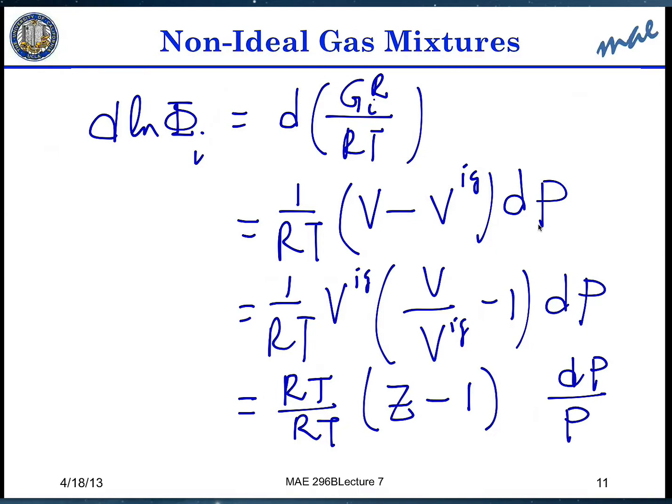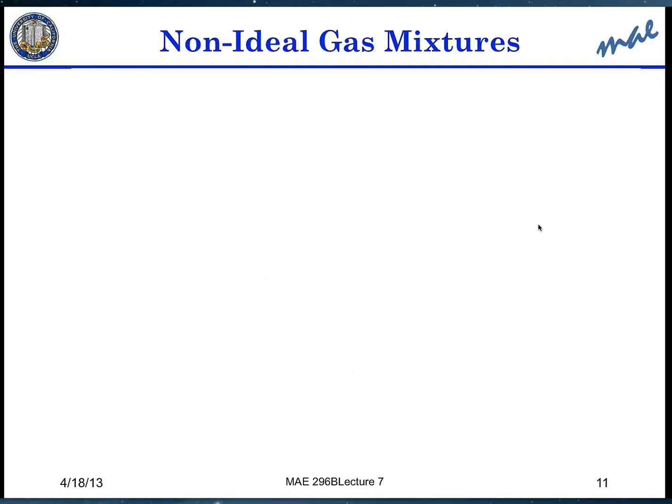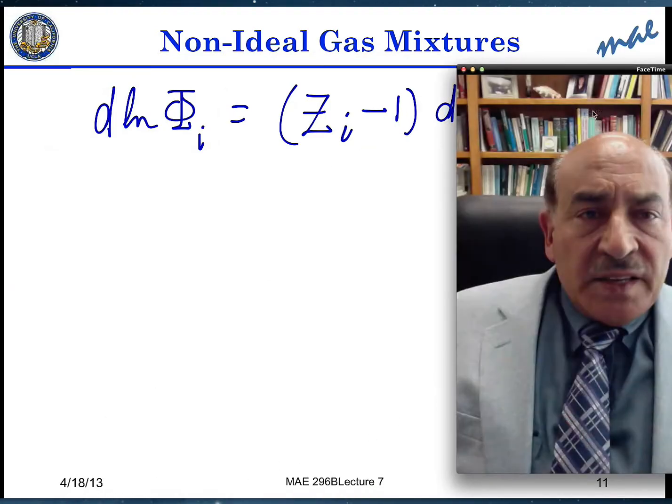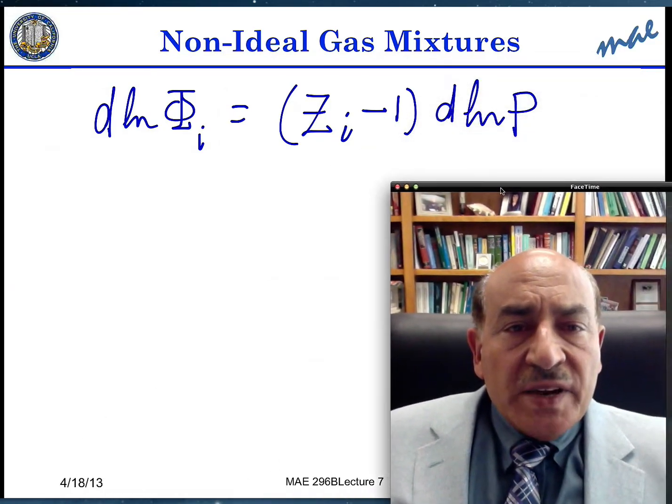So I'm going to end up with the fugacity coefficient defined now finally, in this equation, d ln of phi I is equal to Z of element I minus 1 d ln of P. So now, if you think about it, at this point I can actually integrate this equation up here.